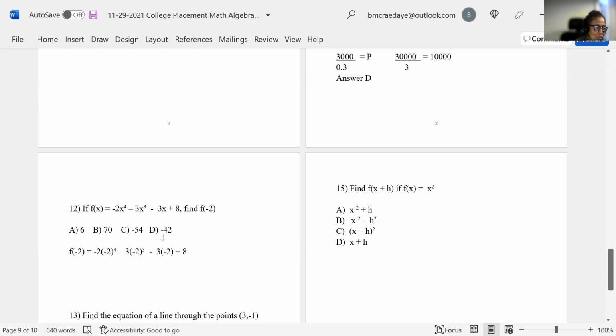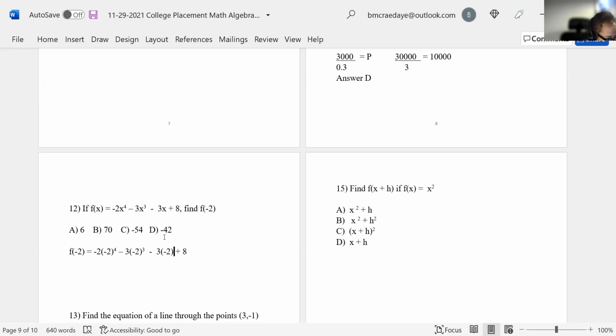So that means a minus 2 to the 4th power gives you what, Maureen? Okay. That is 4 multiplied by 2, right? And then times a negative 2. 2 times 2 is what? 4. 4 times 2 is? 8. 8 times 2 is? 16. So it's 16.